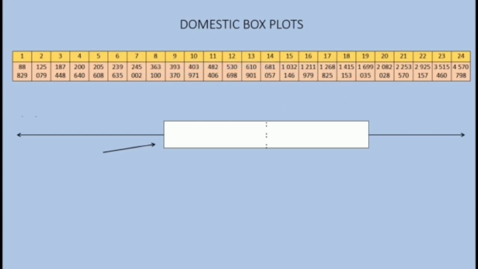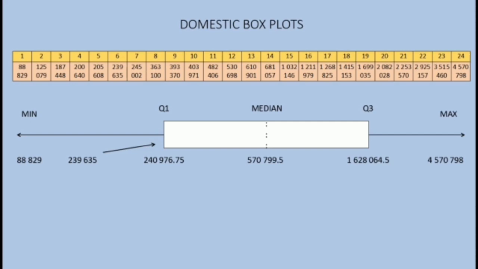First, you need to place the mean and max based on the table above and the data for quartile 1 and 3 as calculated, where the mean is 829, quartile 1 is 240976.75, the median is 570799.5, the quartile 3 is 1628064.5 and the max is 4570798.